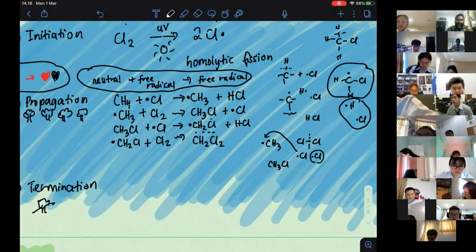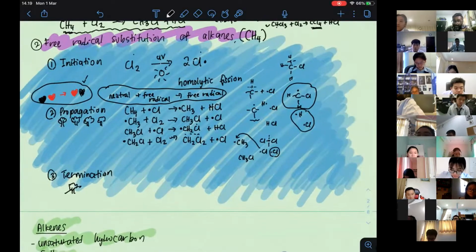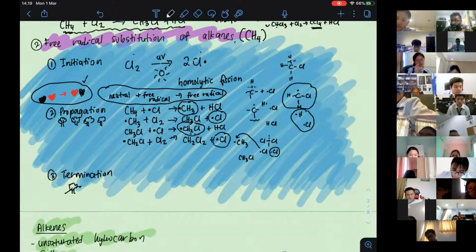The remaining one more Cl will come out to give you another free radical of Cl. So you can see free radical with neutral to give you neutral and free radical, like what I mentioned just now. I hope you can understand this. Still, you see the product of the propagation must have, one of it must have a free radical. You can see this is free radical, this is free radical, this is free radical, this is free radical. That is the meaning of propagation. Free radicals will keep on forming.